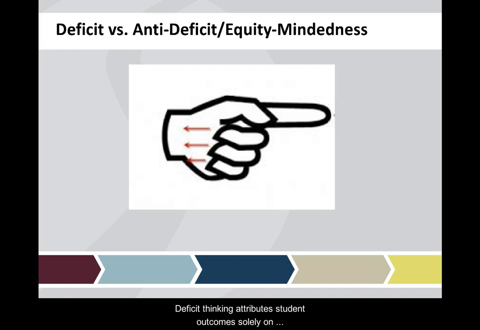Deficit thinking attributes student outcomes solely on students and their respective backgrounds and experiences. Whereas students have a responsibility when it comes to their education and must be held accountable, there is irrefutable evidence that suggests students, more specifically traditionally marginalized, underrepresented, and underserved students, experience many barriers to success throughout their educational careers.